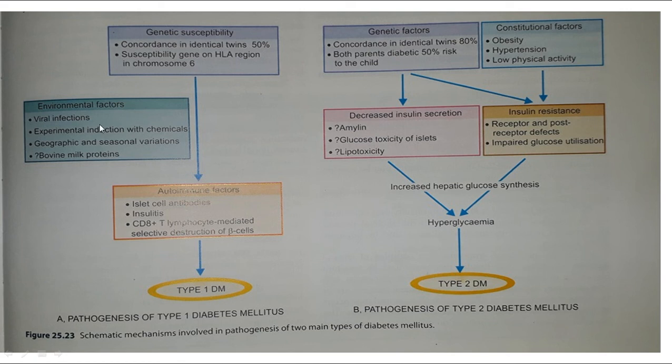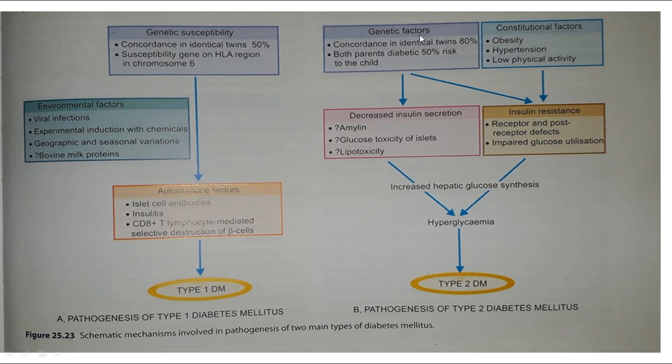Environmental factors like viral infection, chemical induction, and geographic and seasonal variation, plus autoimmune factors like islet cell antibody, insulitis, and CD8 positive T lymphocyte mediated selective destruction of the beta cells, all together lead to the development of type 1 diabetes mellitus, which is called juvenile onset and insulin dependent diabetes mellitus.